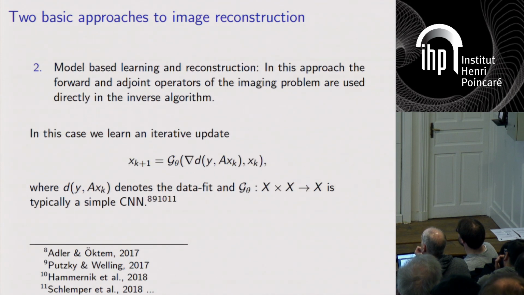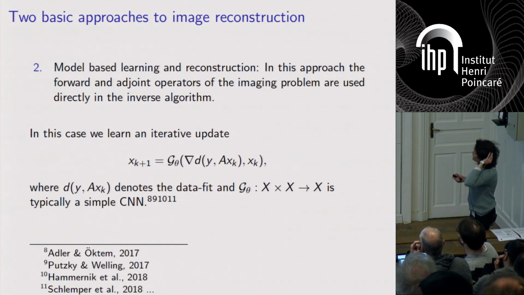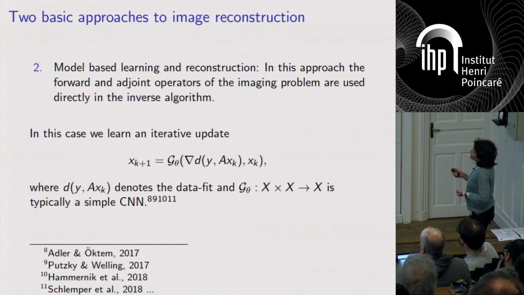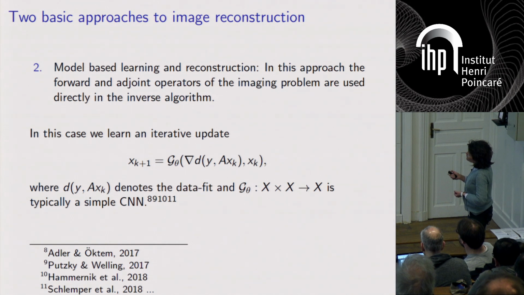An alternative idea is to basically take a couple more steps of the same. The idea is to unroll an operator into a couple of iterations, and then at each iteration learn an update that takes some information available in this iteration. If you go with the standard gradient iteration, you're going to have a gradient and a former iterate, and then you feed them as parameters to your operator that you have learned, and then you update like that.